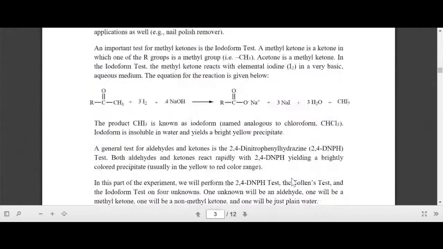That yellow or bright yellow precipitate forming indicates that you have a methyl ketone.